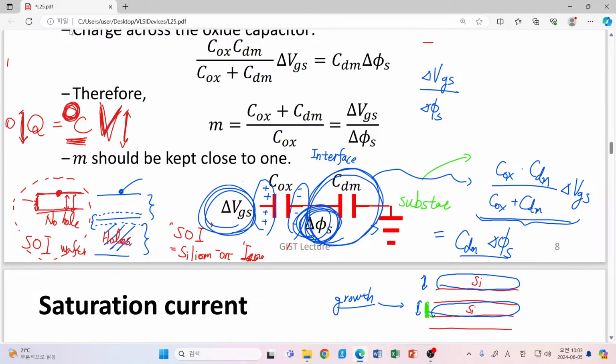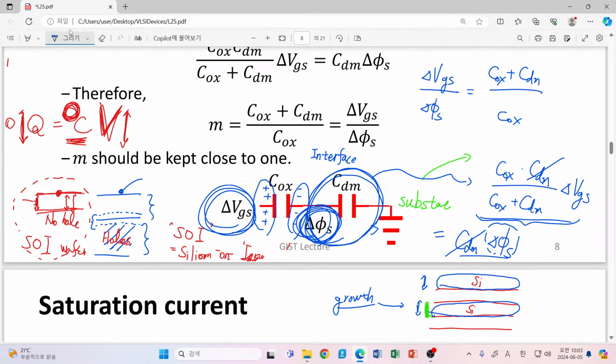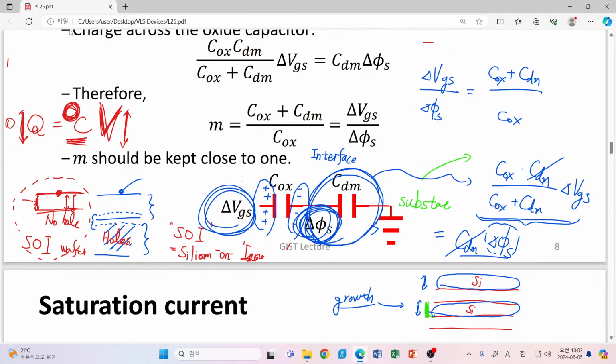You can move this term to the left hand side, then they eliminate each other, and you will have Cox plus CDM. That is the ratio between delta VGS, our controllable external voltage change, and our internal surface potential, which we cannot directly change.